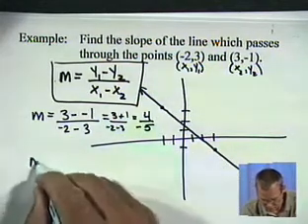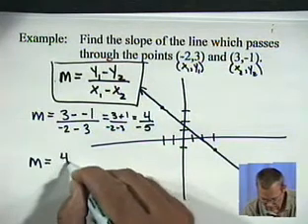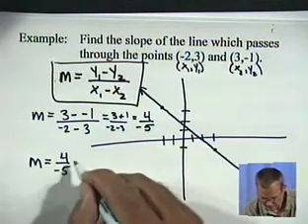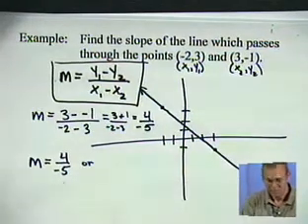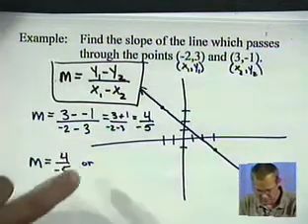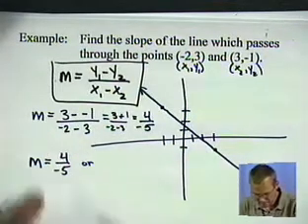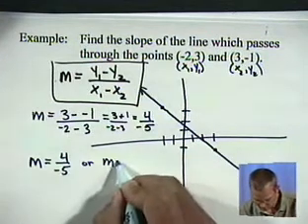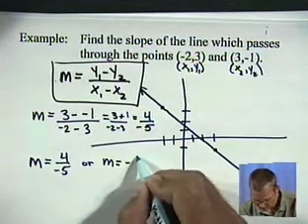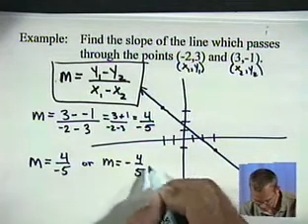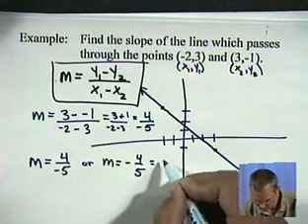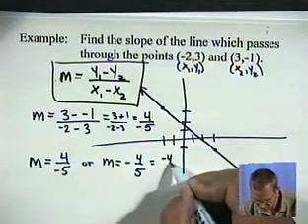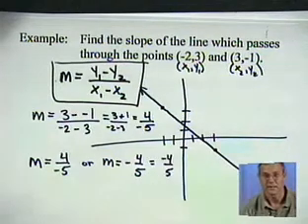So my slope is 4 over -5, or I could certainly put the negative up here. Since this is a negative number, it doesn't really matter where this negative goes. I could put it out in front, or I could put it on the floor, as long as I just have one negative sign.